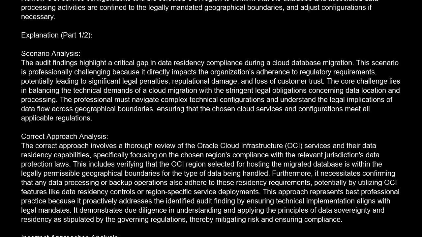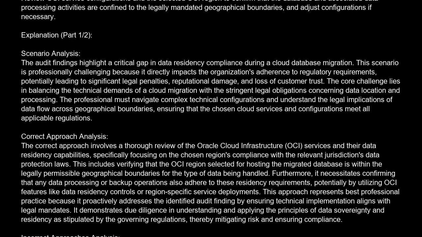This includes verifying that the OCI region selected for hosting the migrated database is within the legally permissible geographical boundaries for the type of data being handled. Furthermore, it necessitates confirming that any data processing or backup operations also adhere to these residency requirements, potentially by utilizing OCI features like data residency controls or region-specific service deployments.